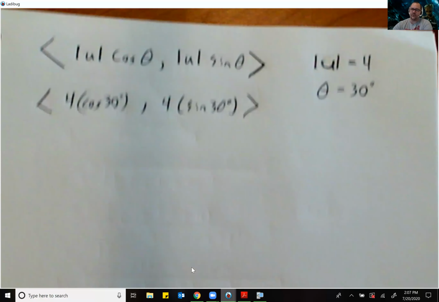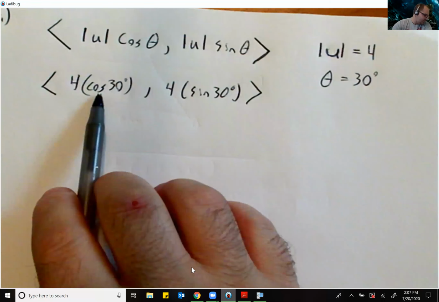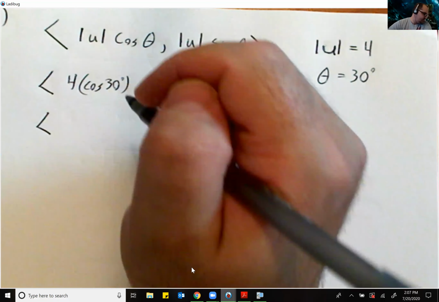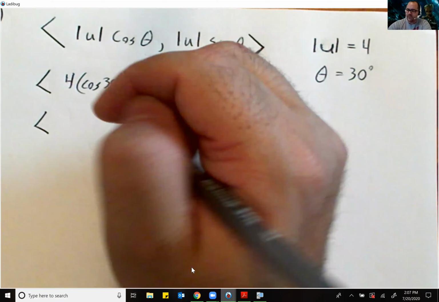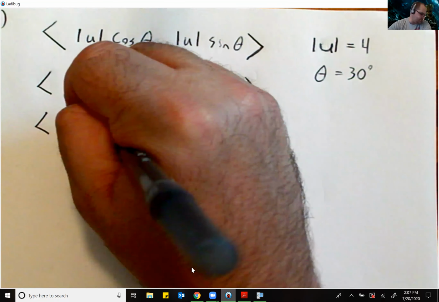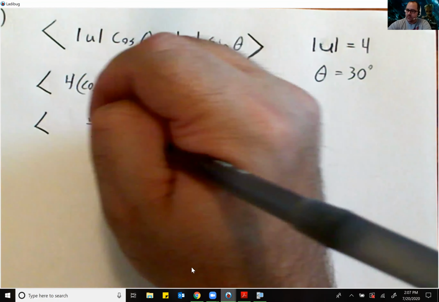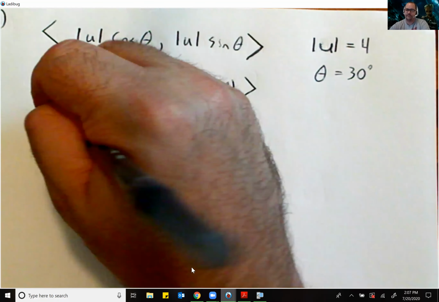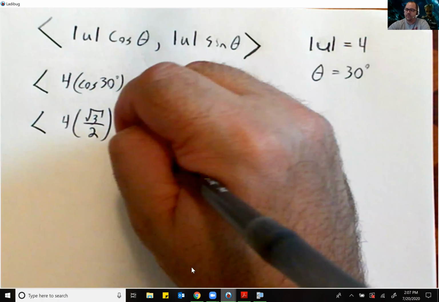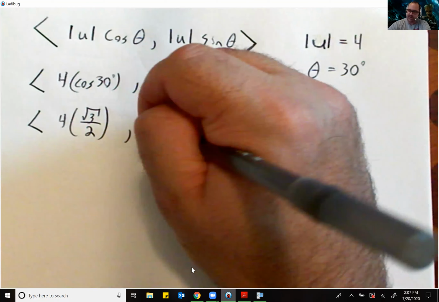So cosine 30 degrees is square root of 3 over 2, and we're multiplying that by 4, comma. Sine of 30 is 1/2.